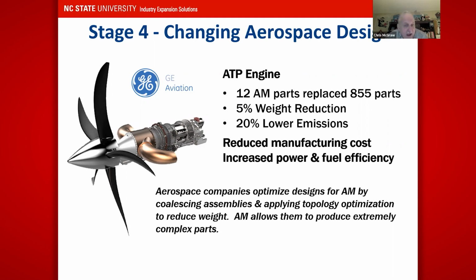They took out about 5% of the weight. Again, remember, aerospace, weight's king, so we can get it out. That's great. Lowered emissions by 20%. So that's a big deal for them as well. So increase our power and fuel, a lot of advantage to that. So obviously they're heavily looking at any way to do that, to reduce that number of parts by combining these things through additive manufacturing.